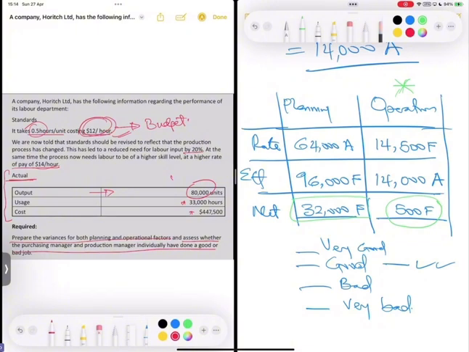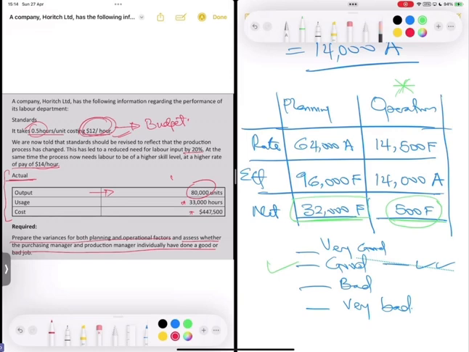So we'll not call him a bad guy because we are not adverse, but at the same time, he's not exceptional. He is just okay. So he's good, and I totally align with you guys. He's just a good production manager because he didn't give us 32,000. He only gave us 500 favorable.